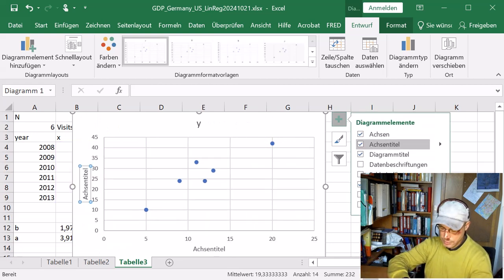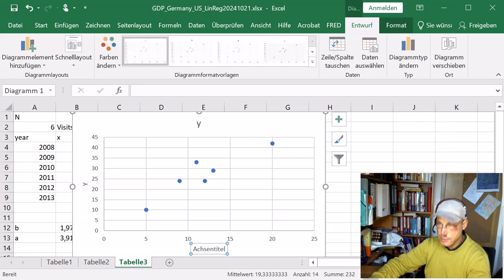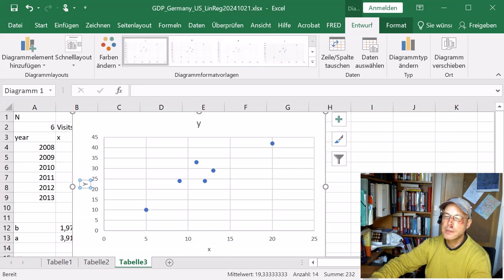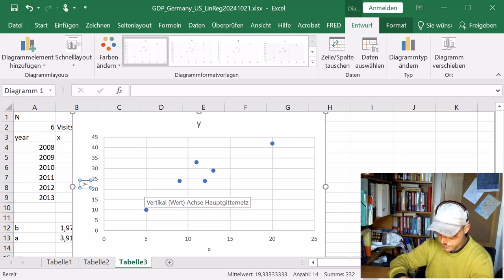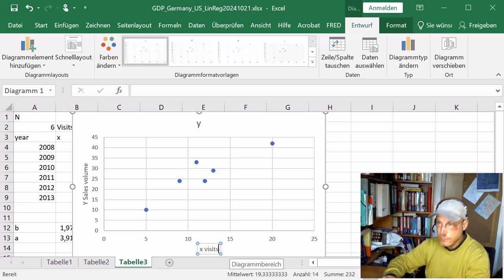So this is Y and this is X. So Y was just sales volume, and these are our visits.